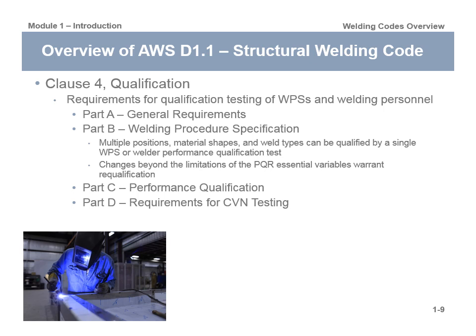And then Part D is the requirements for CVN testing, impact testing. What do you need to do if you're making a structure and it's going somewhere where it's very cold and there's going to be impact? So Part D covers impact testing. But Clause 4 is for use with anything you can't pre-qualify.